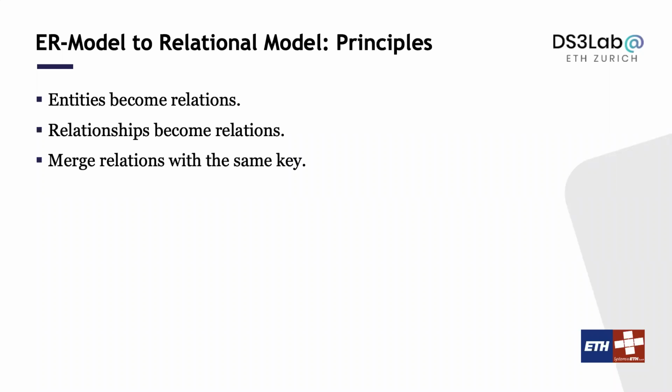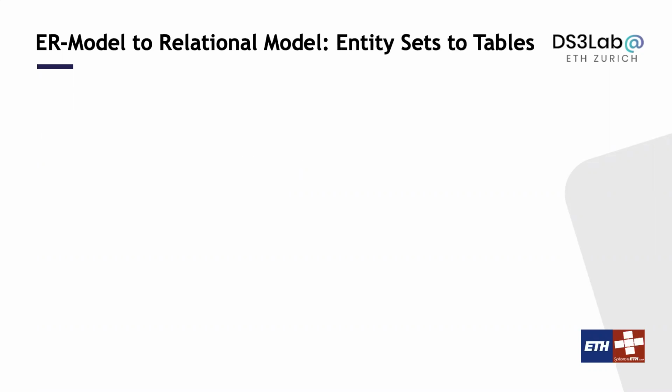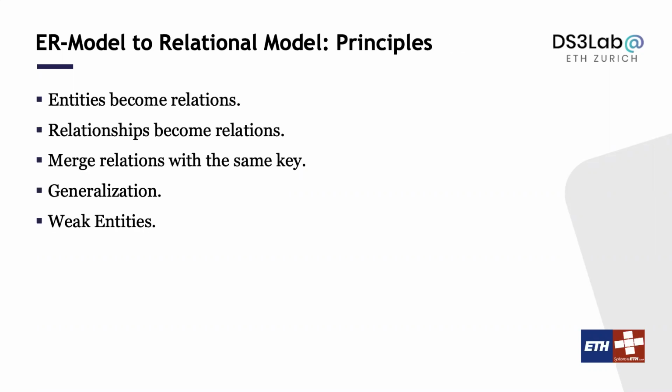Whenever you have relations with the same key in the relational model, you can try to merge them. There are different ways to deal with generalization, and we are going to go through them. There are also different ways to deal with weak entities, and we are going to go through them. This is just a high-level principle. When you apply it, it is going to get more complex, and we are going to go through that.